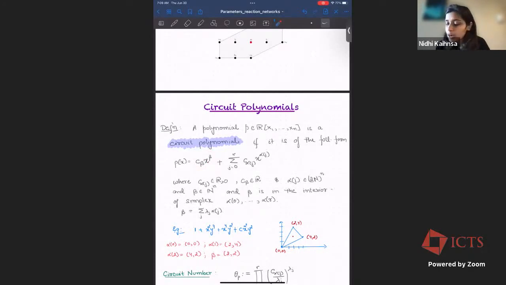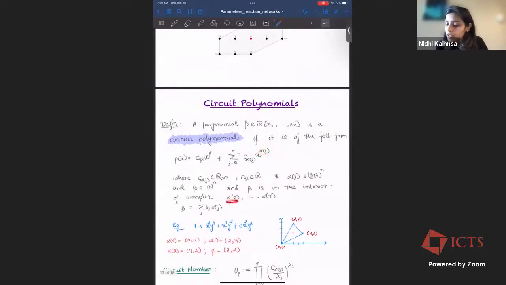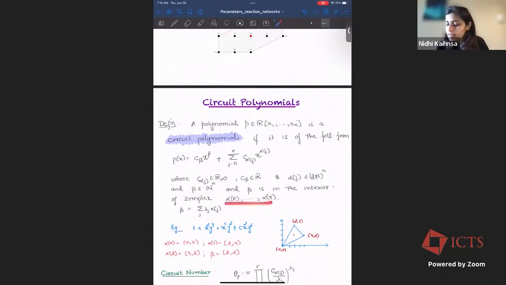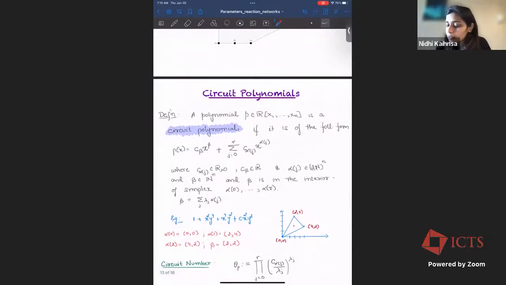So alpha 0 to alpha r define a simplex, and beta is in the interior of that simplex. Because it is in the interior, we can always write beta as the sum of lambda j times alpha j, such that the lambda j's are positive and their sum equals 1.